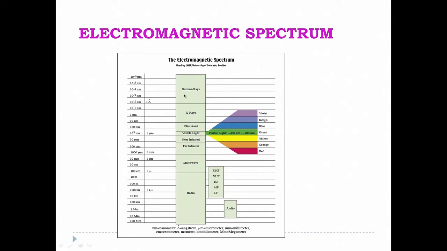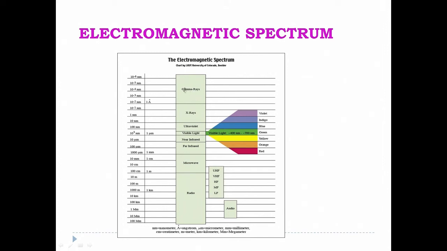So, for example, now you are looking at the electromagnetic radiation. I have shown you this figure earlier also, with the energy in terms of frequency here on the left side, and then the same thing described in terms of length or distance.